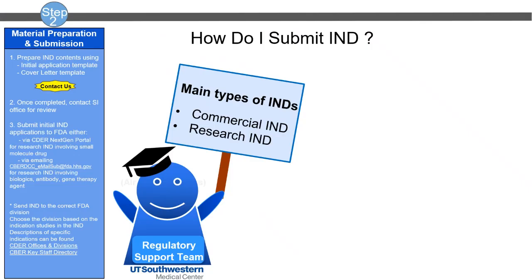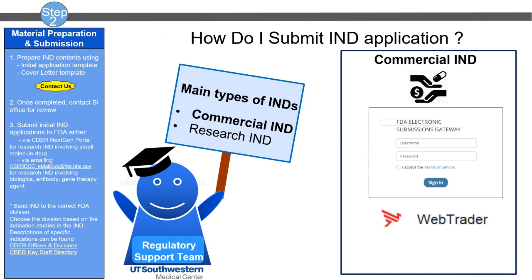In part 1 of the mini-series, we discussed the two main types of INDs. They are commercial IND and research IND. Majority of INDs submitted by our investigators are research INDs with research intent. Commercial IND is used when a sponsor, usually a corporate entity, intends to commercialize the product and the goal is to market the product.